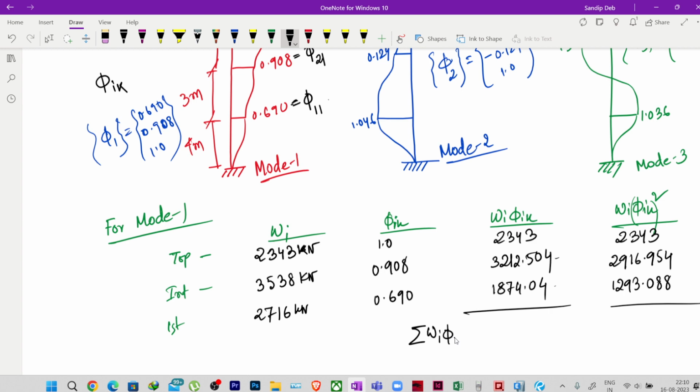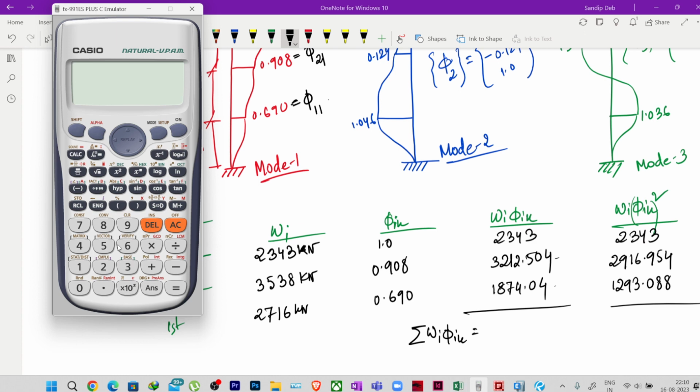Now if you do the summation of Wi phi ik, how much will we get? 2343 plus 3212.504 plus 1874.04, so it is around 7429.544.